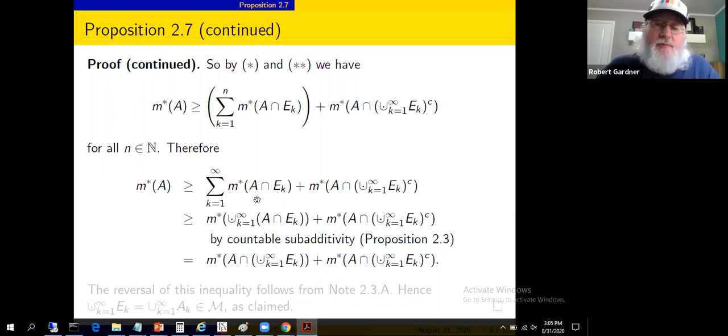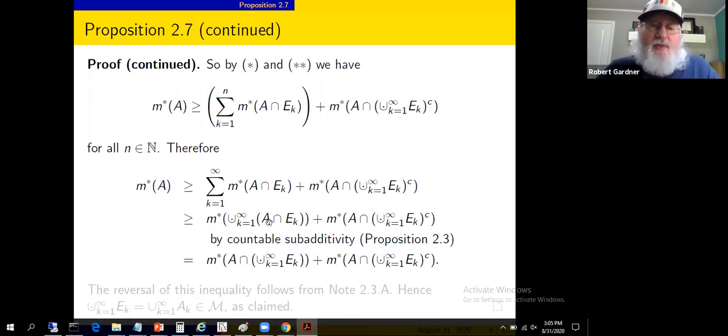Series. So we did deal with a countable collection of sets. That was subadditivity. Countable subadditivity in all its glory here, because we've got a countable union and a countable sum, a series up there. So countable subadditivity allows us to draw this conclusion.